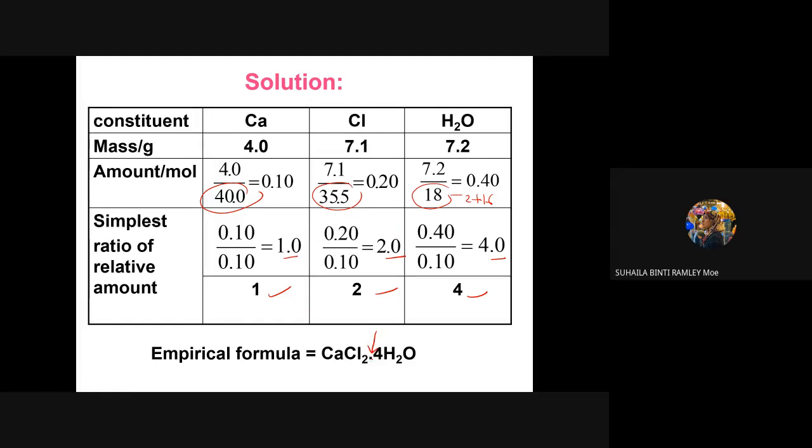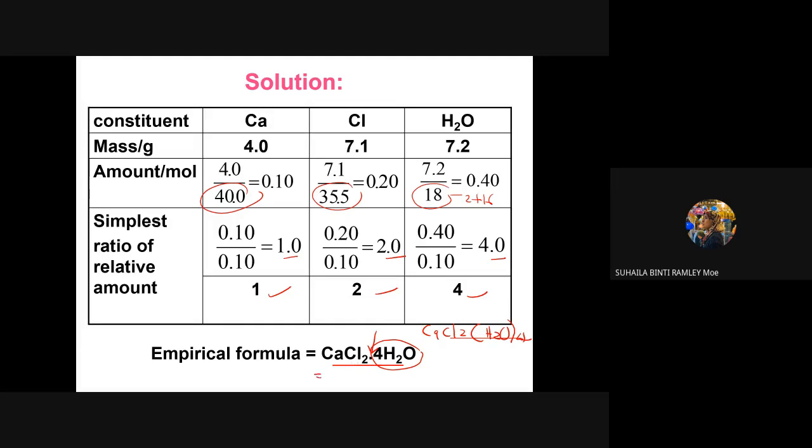Kalau hydrated, kamu mesti guna this dot symbol. So dot and ending with water represent hydrated compound. So kamu tak boleh tulis dia as CaCl2H2O4. Even though yang ni macam betul because we have 4 for H2O, tapi this one is not a correct way to write the hydrated compound.